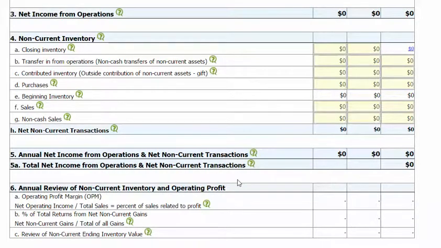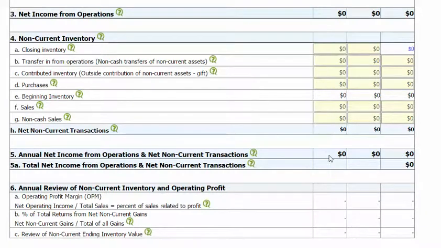It's very important to understand this line item 6 because there have been some questions in the last couple of years. The operating profit margin is simply a ratio that is calculated using your net income as a percent of total sales. But item B has confused many people because what it does is check this item 5 here to see if that number is a major portion of your total profit.